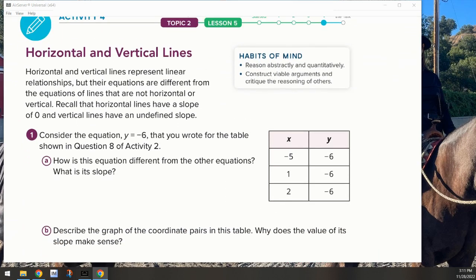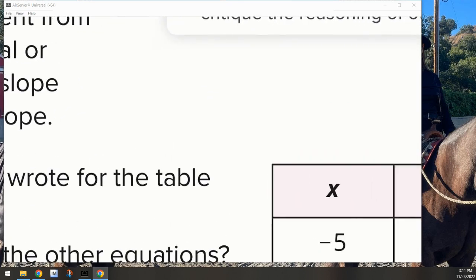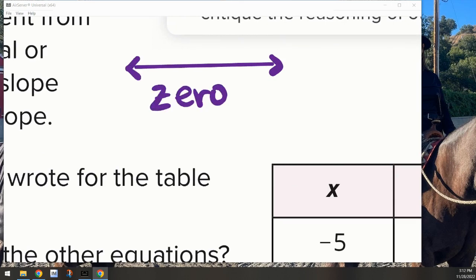Horizontal and vertical lines. Now, we've already talked about a lot of things with horizontal lines and vertical lines. We've talked about the fact that if it's a horizontal line, it has a 0 slope. But we also talked about that it's y equals a number.